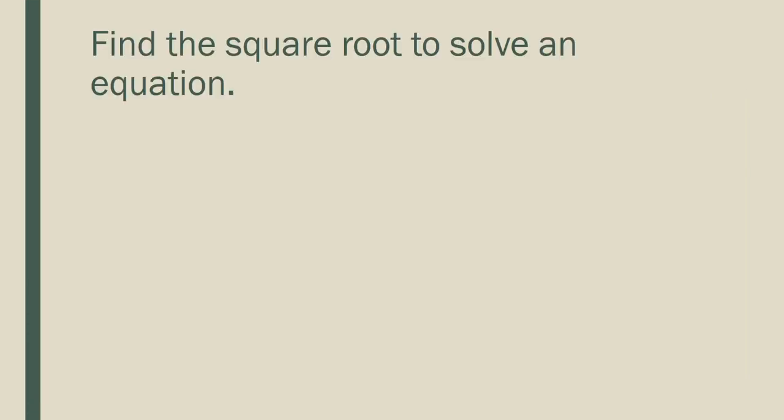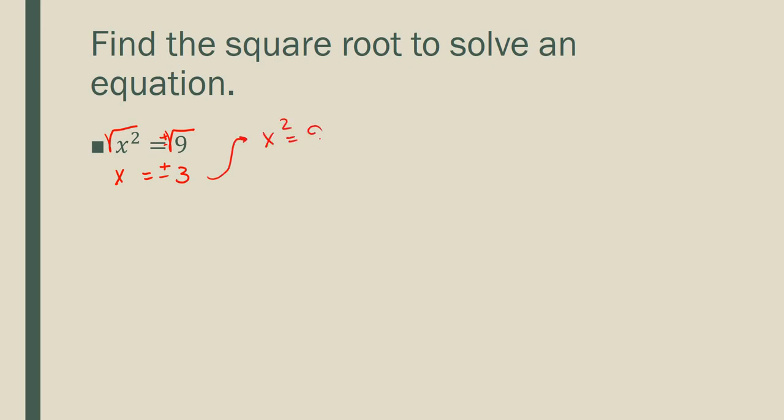Okay, so first of all, we're going to go over what it means to use a square root to solve an equation. So if you have an equation like x squared equals 9, if we take the square root of both sides, the square root of x squared is x, and the square root of 9 is plus or minus 3.